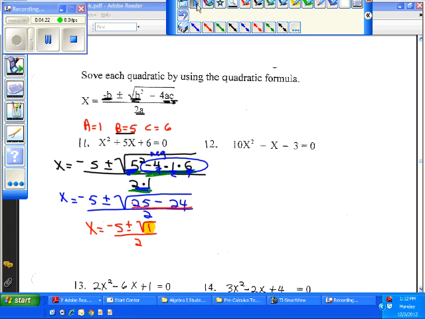If what's under there is not a perfect square number, you would have 2 real irrational roots. That means there's a square root attached to them. If it's a 0, you're going to have 2 real identical twin roots, which says there's 1 real root, but you have it twice, you see. And if it was a negative, you would have imaginary roots, okay, because of the square root stuff.